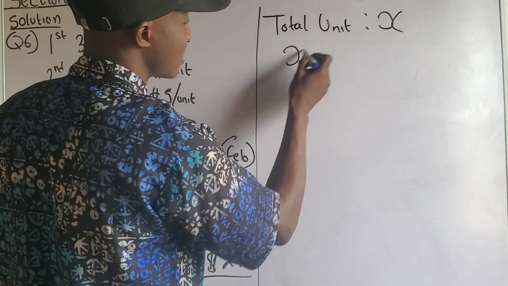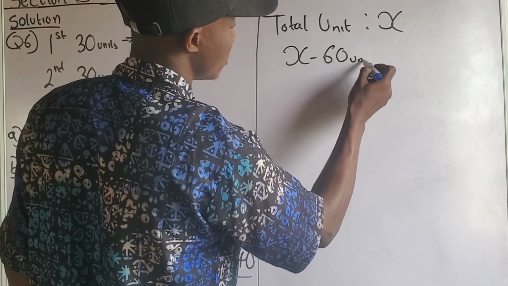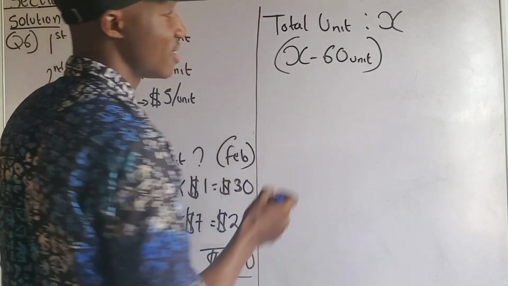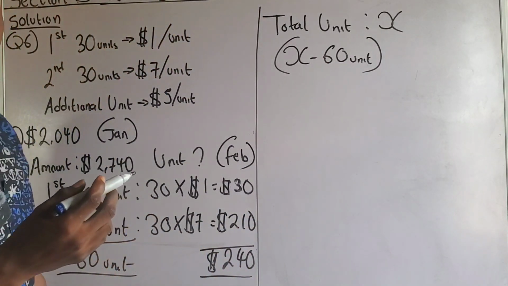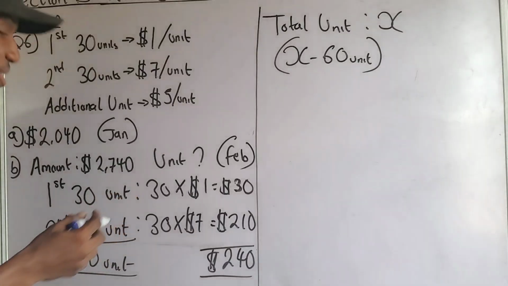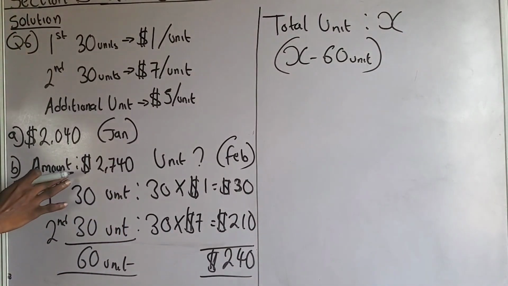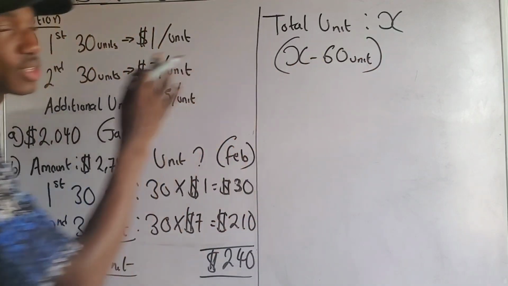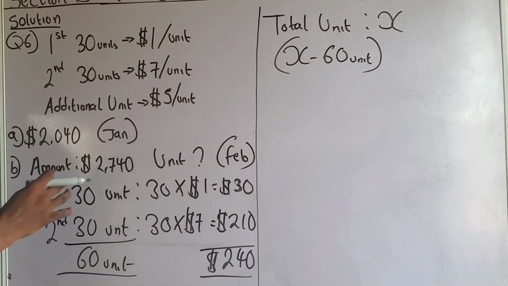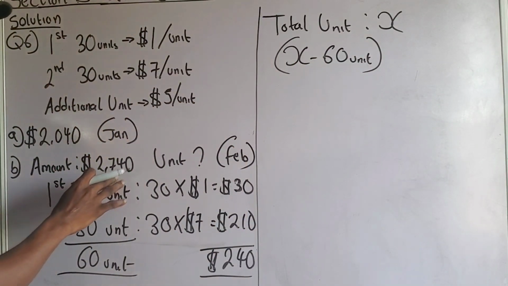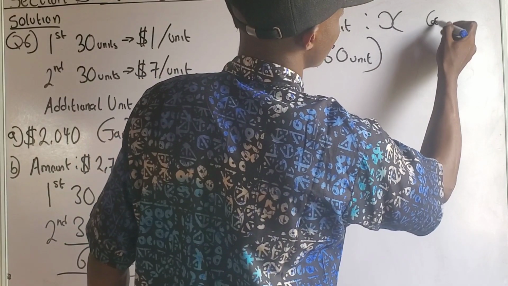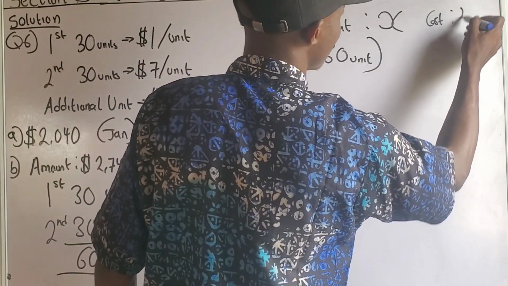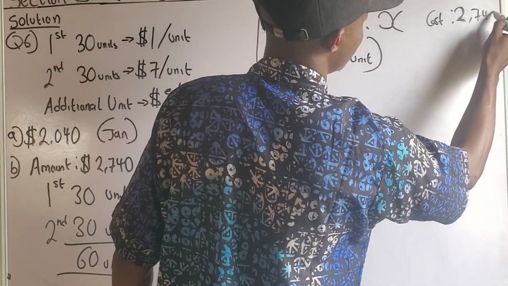That will be X minus 60 units. Do you understand? If you understand, listen to the explanation again. The amount for X units of electricity consumed by Amaka is $2,740. Are you getting it? The cost of X units is what? $2,740.